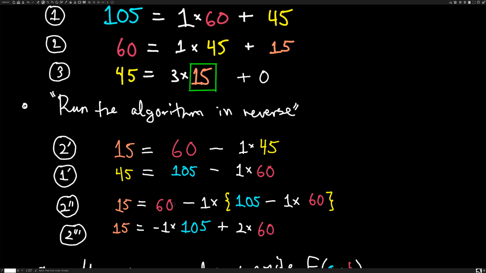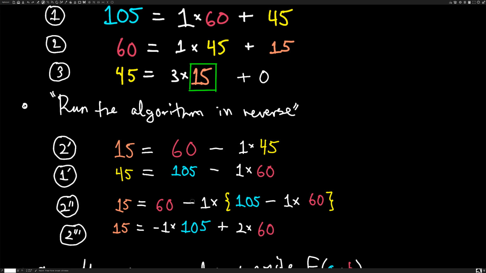So 15 is equal to 60 minus 1 times, well, we substitute in this expression for 45. So we get 15 is equal to 60 minus 1 times 105 minus 1 times 60. And so 15, which is our Euclid number, or our GCD, is equal to minus 1 times 105 plus 2 times 60.